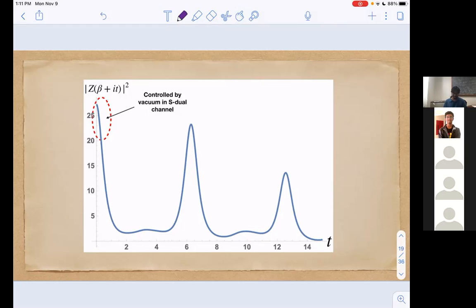For beta going to zero, at short times near t equals zero, this part is dominated by the vacuum channel in the dual frame, the S-dual channel. This is the quantity we want to do the inverse Laplace transform on.